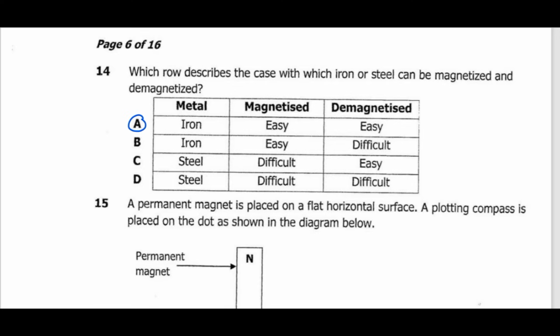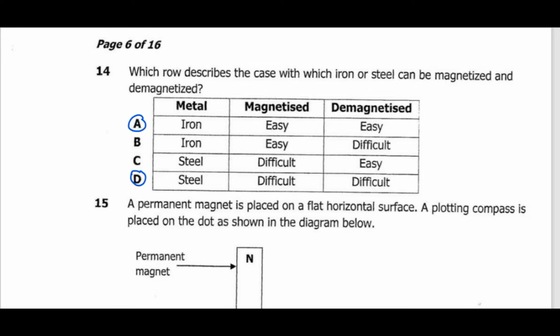Then B is not the answer, C is not the answer. Then I think D is also the answer, because if you look at steel, it is difficult to magnetize and also difficult to demagnetize. So for this question, I think this should be a free mark.